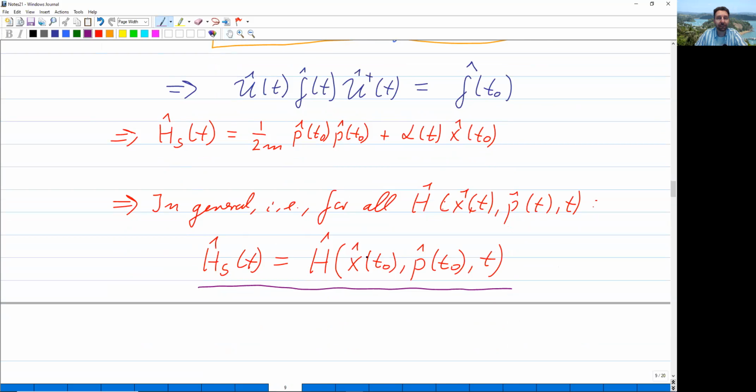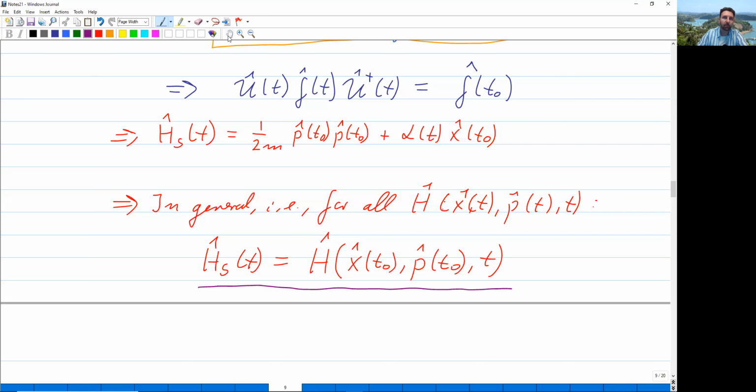So the Schrödinger Hamiltonian is the same as the original Hamiltonian, except that the operators are frozen in time. This is no big deal if there is no time evolution here, because the Hamiltonian is in any case time independent unless you put a time dependence in there. But this is the case that we are interested in here, the generic case where there might be an explicit time dependence too. And that's where it makes a difference. So the Schrödinger Hamiltonian is the original Hamiltonian with the operators frozen in time.